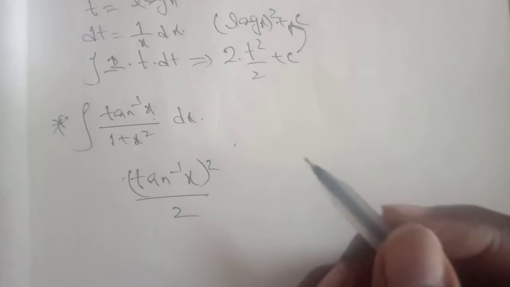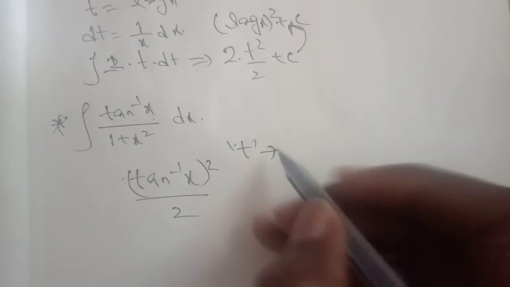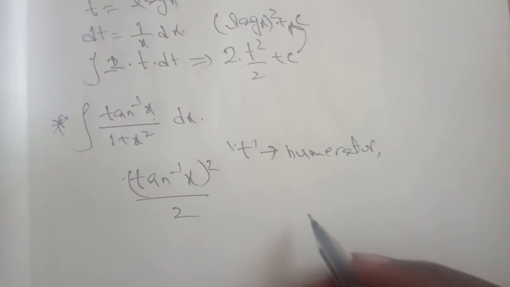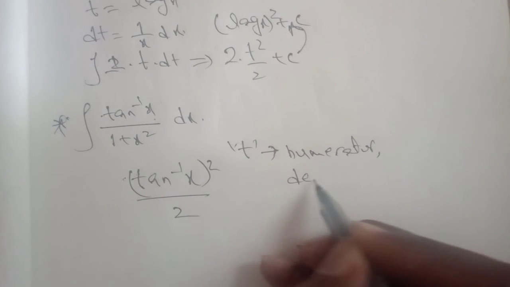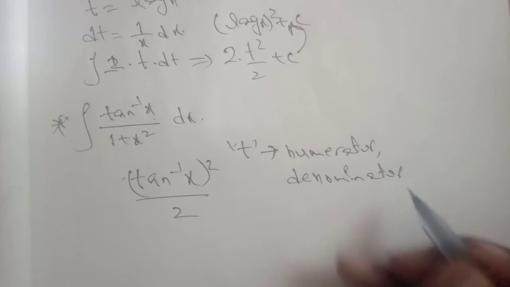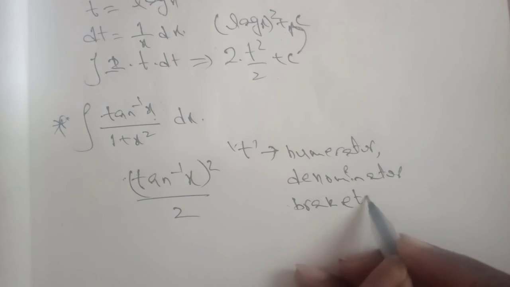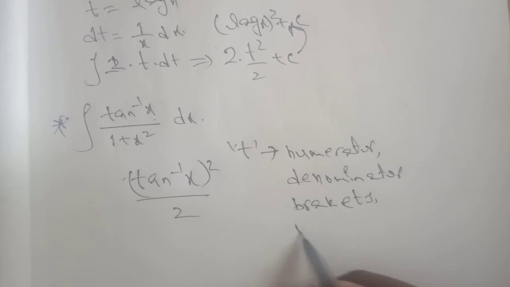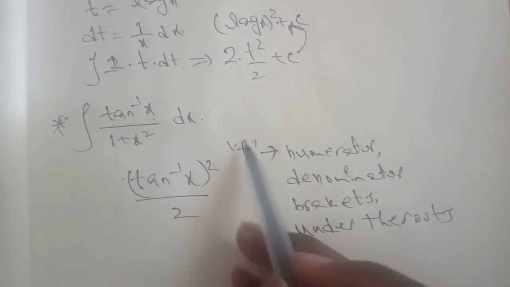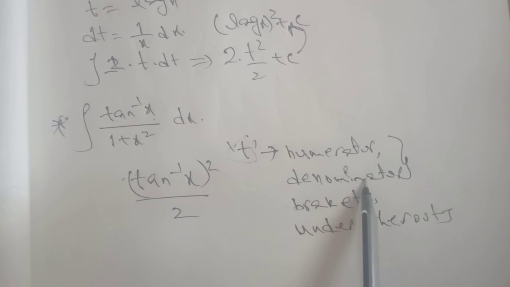In the process of integration by substitution, as t we have to consider the numerator with proper identification, the denominators which are in brackets, the terms which are in brackets, and the terms which are under the roots. So we have to consider those terms as t.